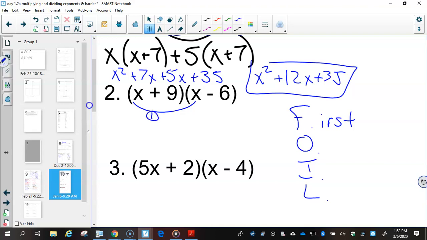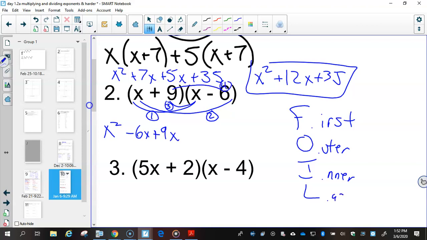What's x times x? X squared. Multiply the outer 2, x times negative 6. Negative 6x. Multiply the inner 2, 9x. And multiply the last 2.